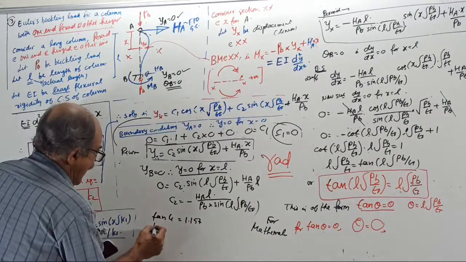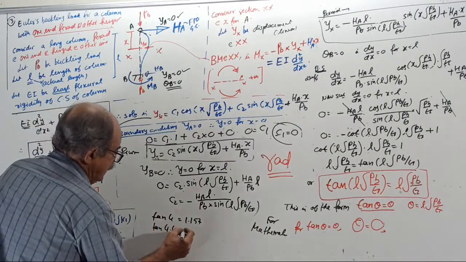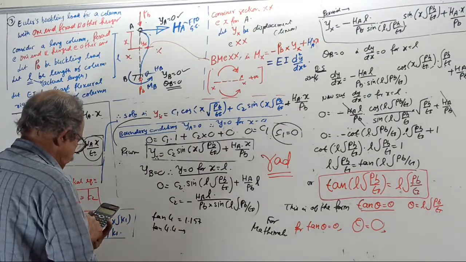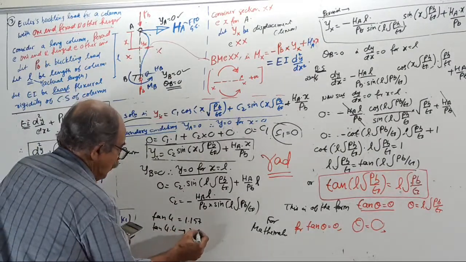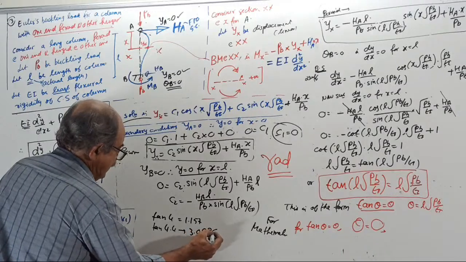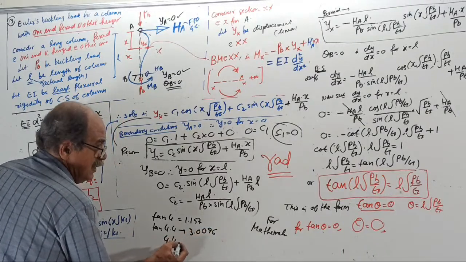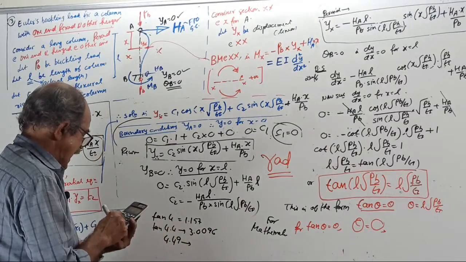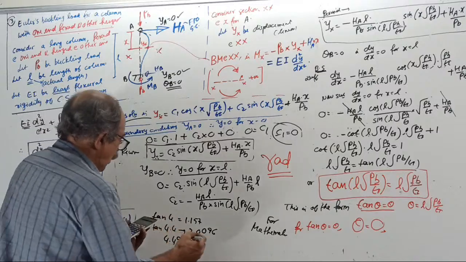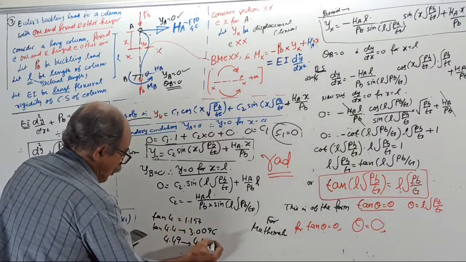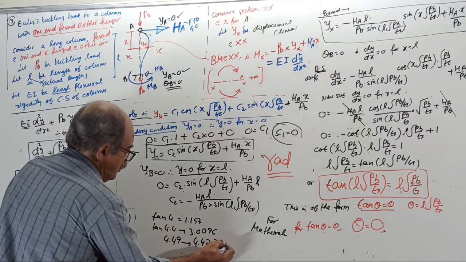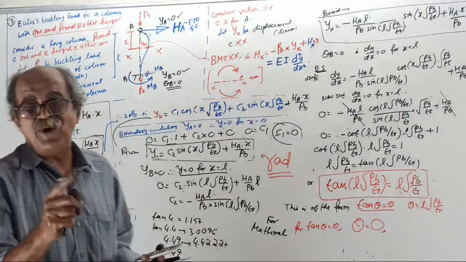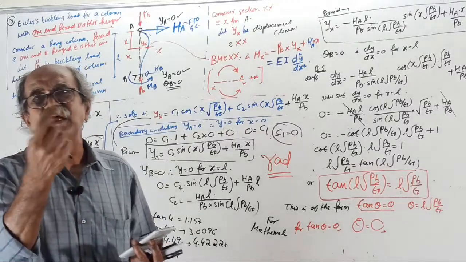Next, tan 4.4 is 3. Coming nearby. Tan 4.49 is nearby 4.42225. Tan 4.49. Anybody can tell the number?